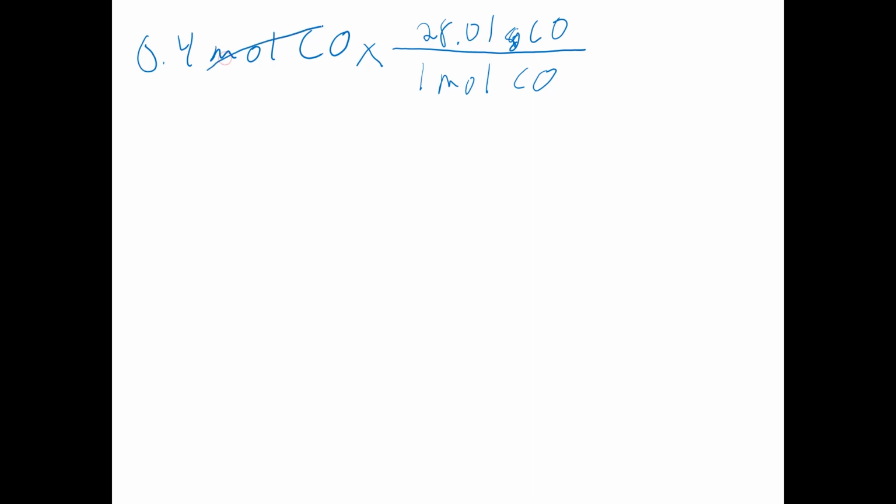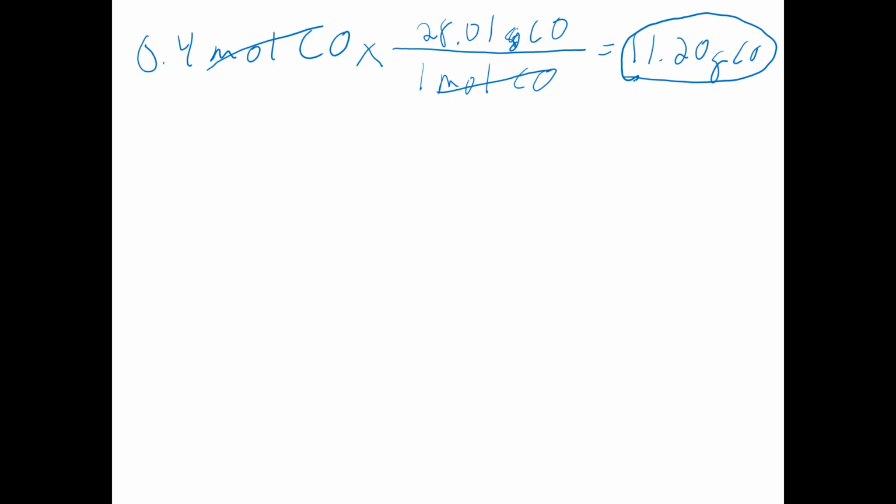So moles cancels with moles on the bottom, and we're left with grams of carbon monoxide. So if you put into your calculator 0.4 times 28.01, you should come up with 11.20 grams of carbon monoxide.